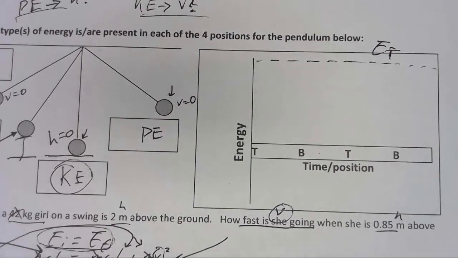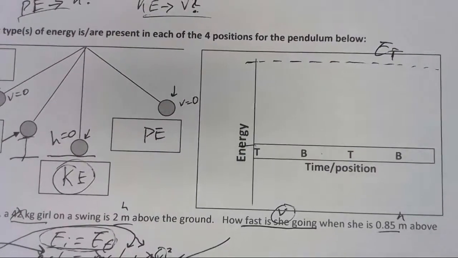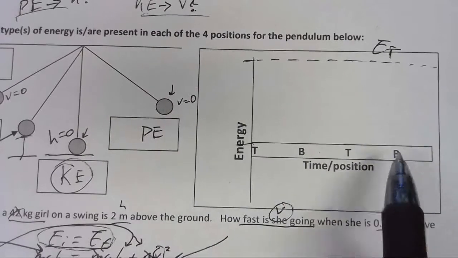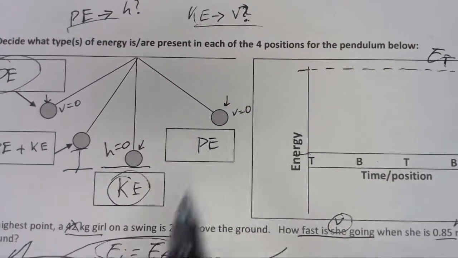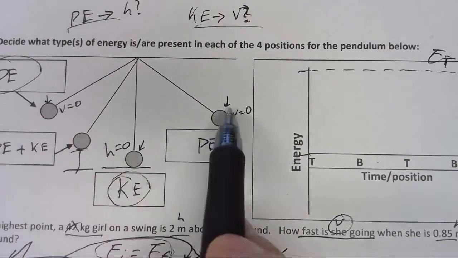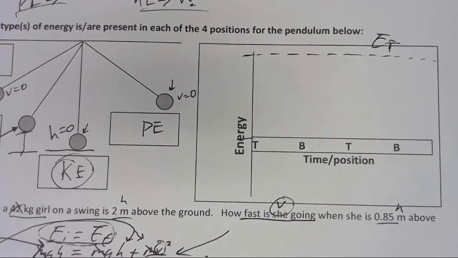The second line that we look at is the potential energy line, because remember, the potential energy follows the height. So if this is the most amount of energy and this is the least amount of energy, TB means top, bottom, the top of the pendulum. So this is a pendulum swinging from top to bottom, top to bottom, going back and forth. So I'll do the potential energy line next.